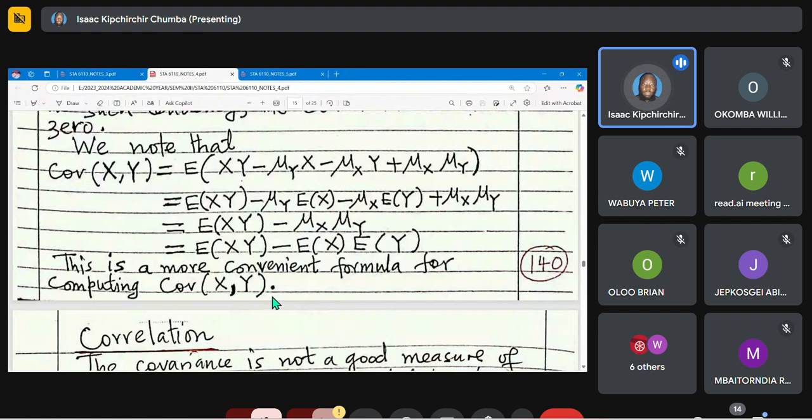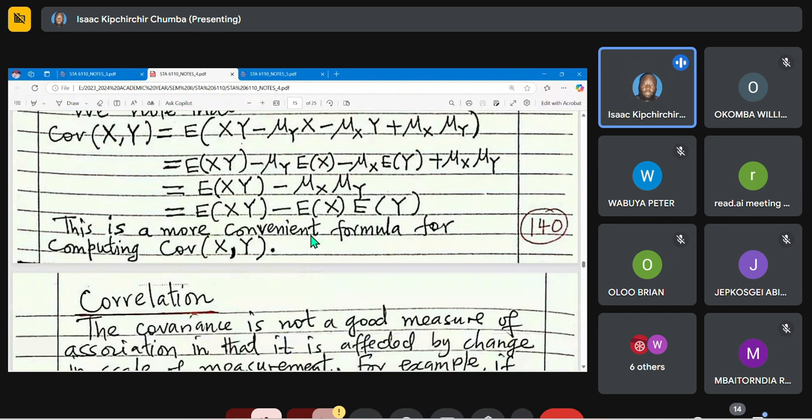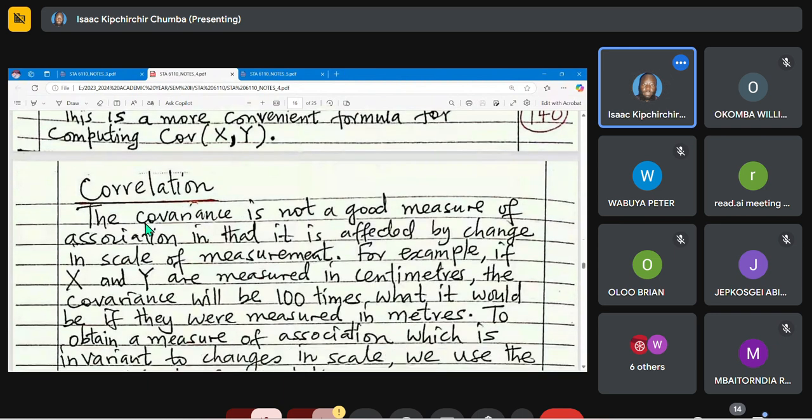What goes together with variance is what you call correlation. Usually, you find that covariance is affected by the units of measurement. But we want a measure which is not affected by the units of measurement. So let us talk about correlation.